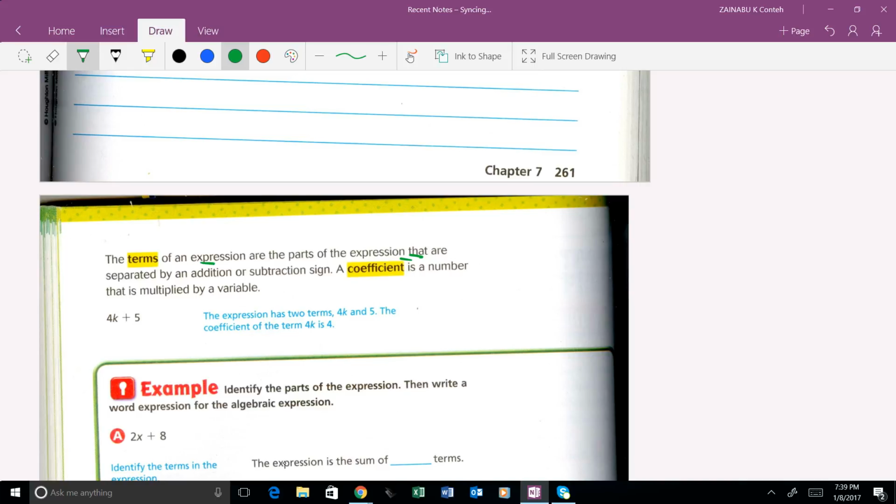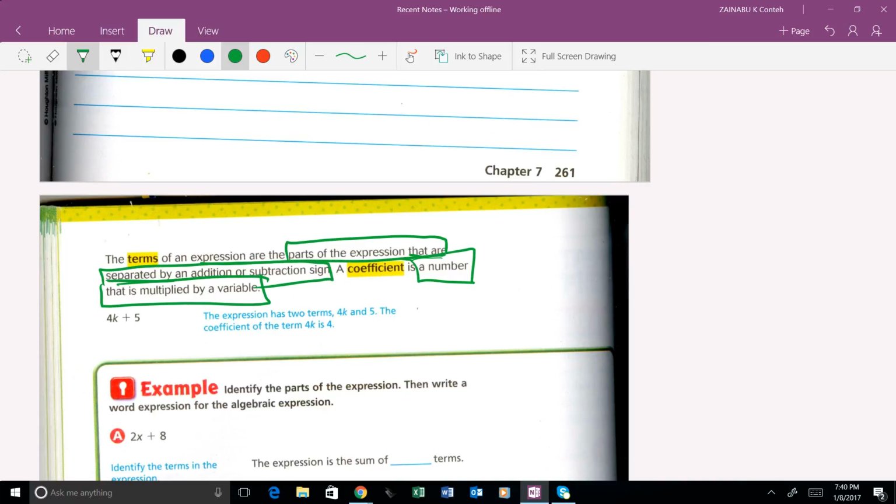So that's important. We'll go ahead and annotate that. And then a coefficient is a number that's multiplied by a variable.